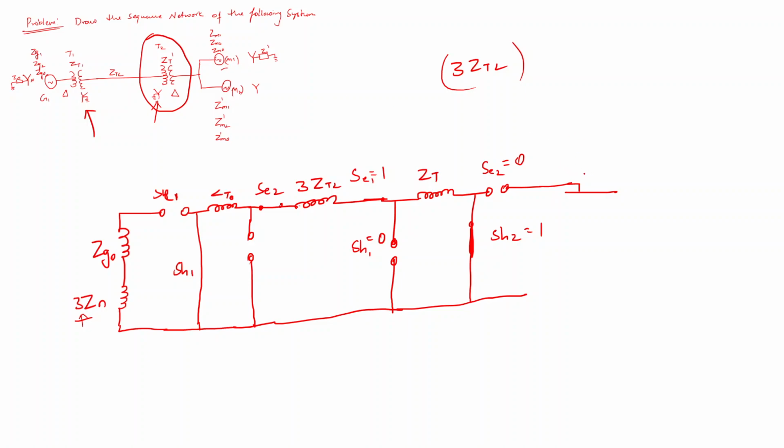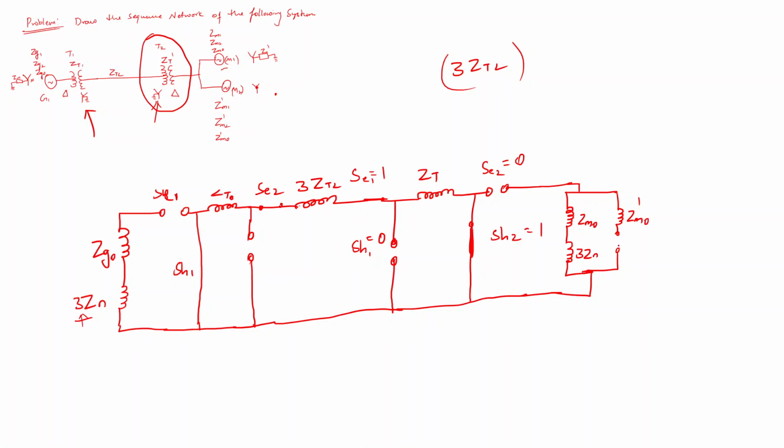For this motor we have the motor impedance ZM0 and the current limiting impedance 3ZN. For the other motor, ZM0 dash, there is no flow of current from neutral to ground, so that circuit is open. So that's all our circuit.